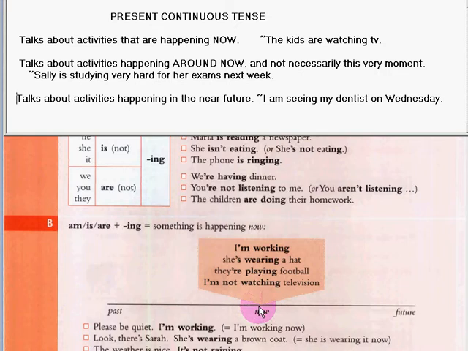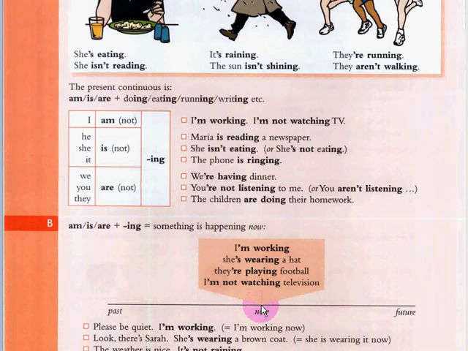Now, to be a little simple, let's try to understand it with the definitions I gave you. We say that this tense talks about activities that are happening now. It means that something is happening right here, this very moment. You can say, I'm working. She's wearing a hat. They're playing football. I'm not watching television.